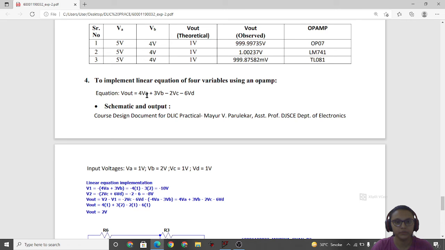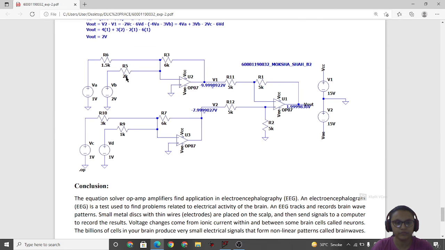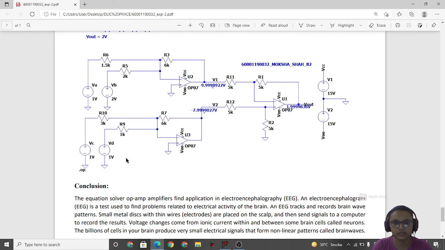So just do RF by R1: 6 divided by 1.5 is 4. This is 3, this is 2 and 6. You get the output. Connect these supplies to the inverting side, and give the VA, VB, VC values according to your requirement. Just make sure you don't cross the 15 volt.